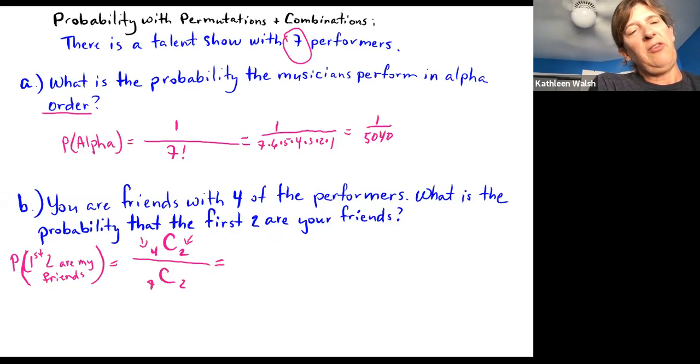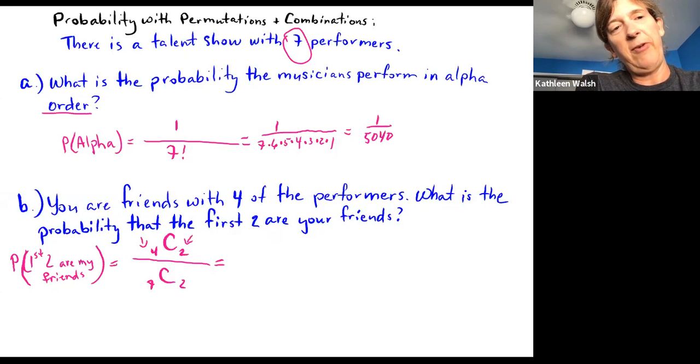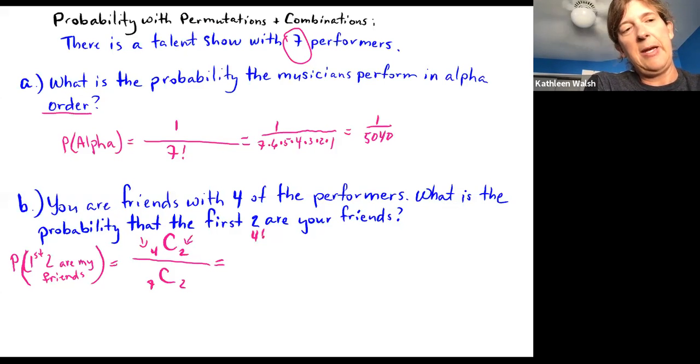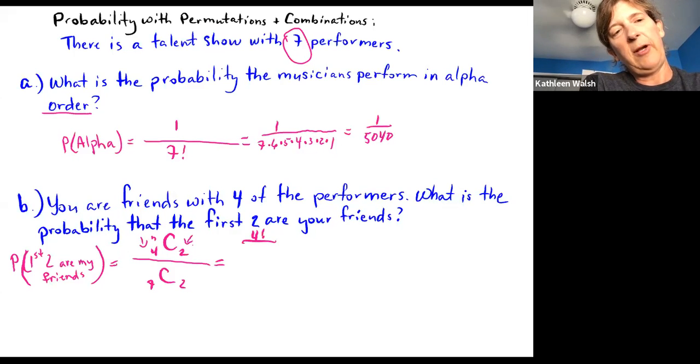So we're going to simplify this. I'm going to use my formula for combinations, and that's 4 factorial divided by 4 minus 2, that's my n minus my r, 4 minus 2 is 2 factorial, times my r, which is 2 factorial.